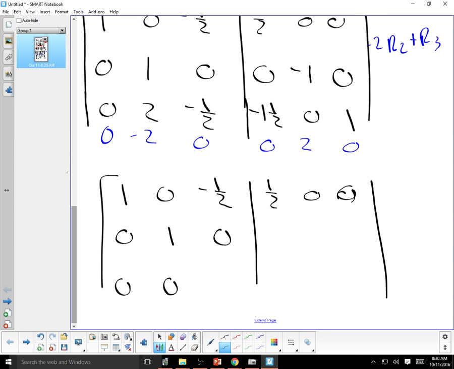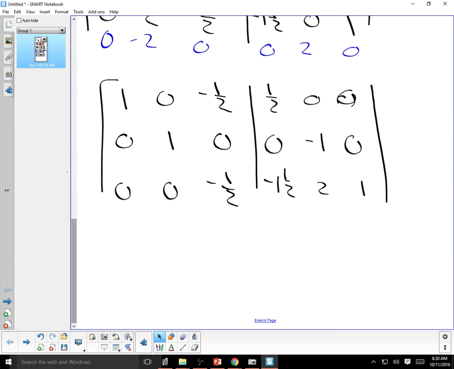Negative 1/2 plus 0 is still a negative 1/2. That's still negative 1. Oh, did I just skip this whole middle row? Yeah. There you go. So negative 1.5, 2, and 1. We're good? All right, cool beans.